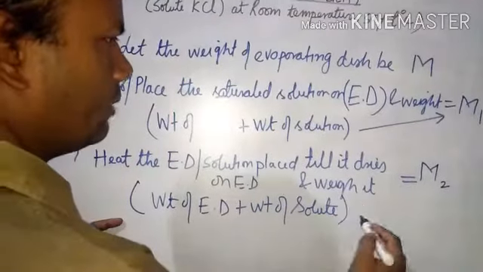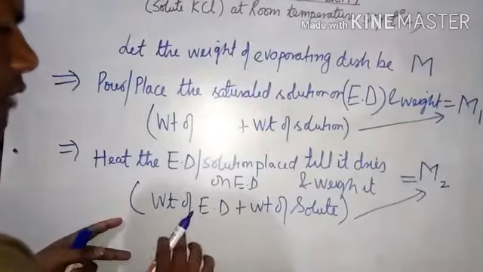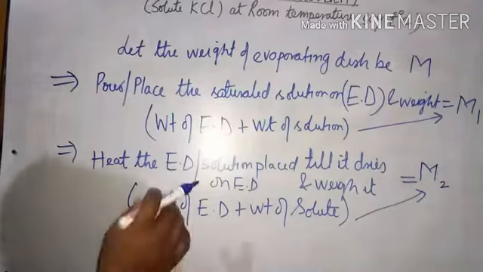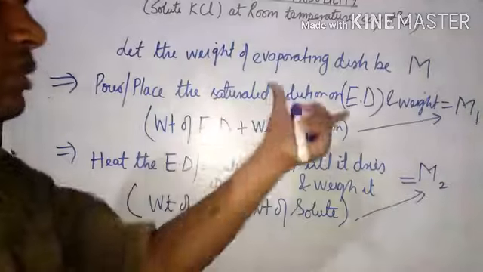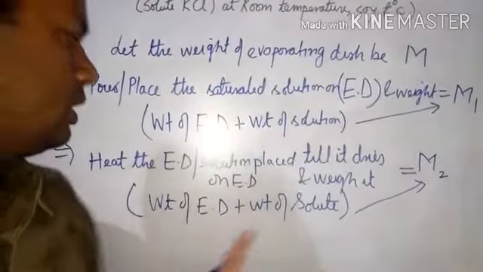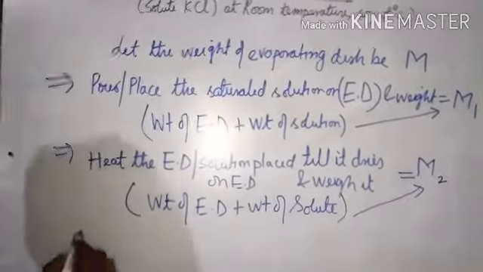I think this point is very important. Is this clear to you? That M1 is weight of evaporating dish plus weight of solution, and weight of evaporating dish plus weight of solute is equal to M2. Now we have M1, M2, and this concept is very much clear. M1 contains the weight of evaporating dish plus weight of solution, and M2 contains the weight of evaporating dish plus weight of solute.